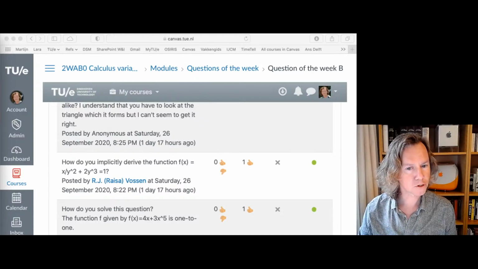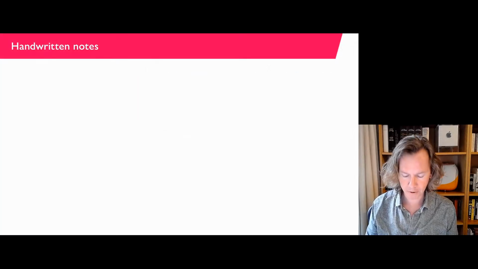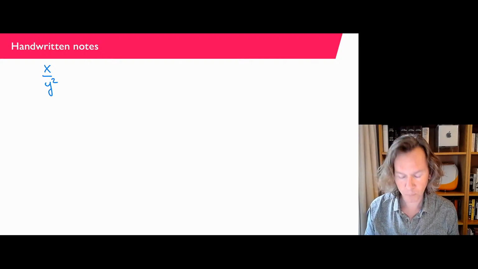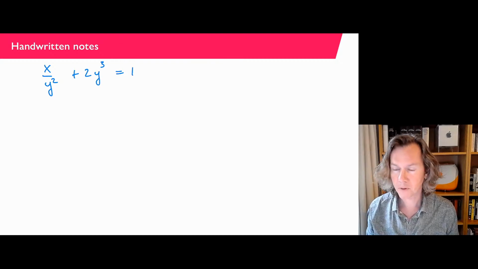So let me switch to my iPad again. So we have the equation x over y squared plus 2y to the power 3 equals 1.